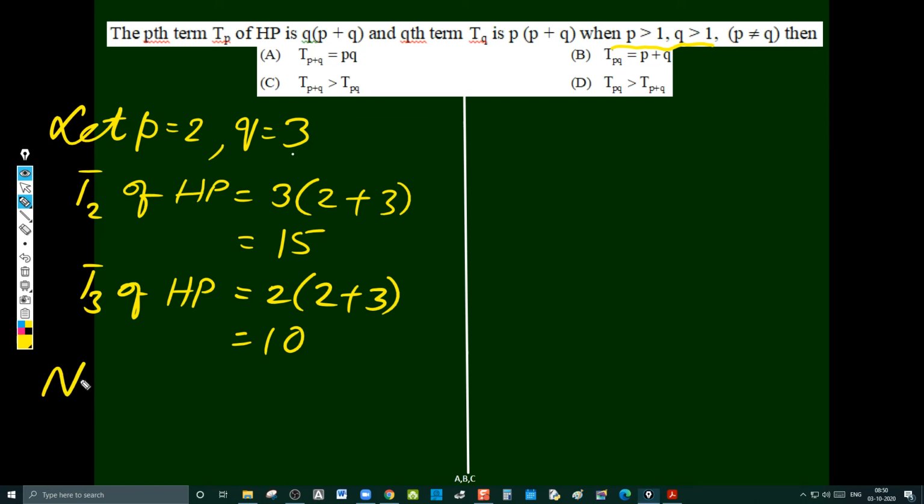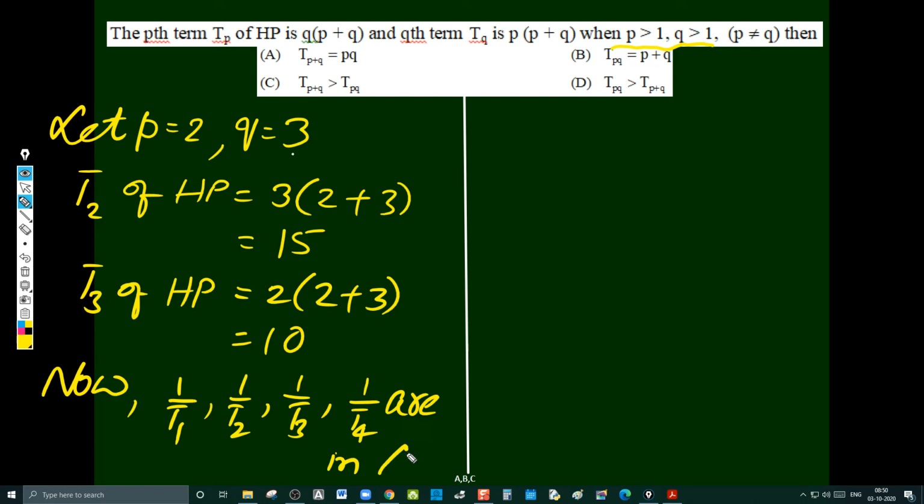Now, 1 by T1, comma, 1 by T2, comma, 1 by T3, comma, 1 by T4 are in AP, please.